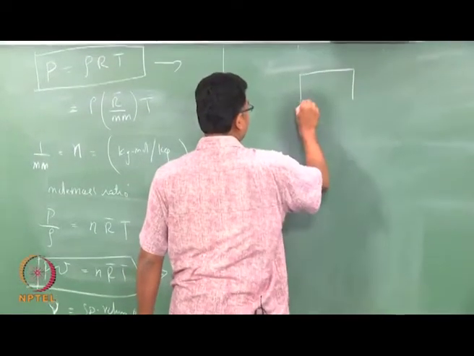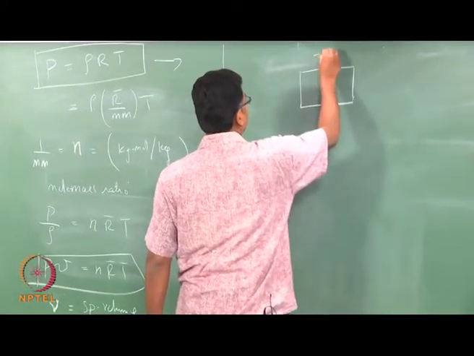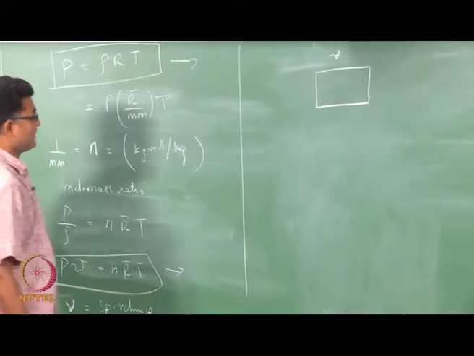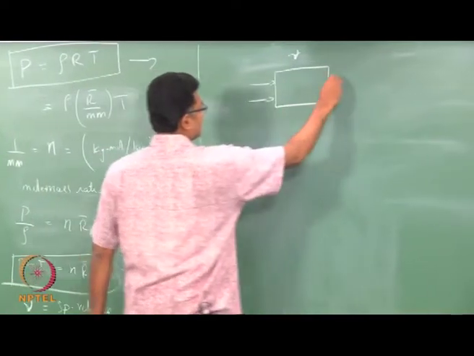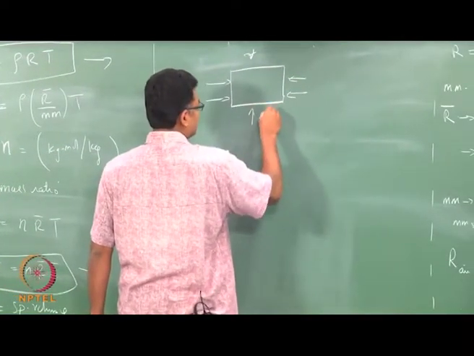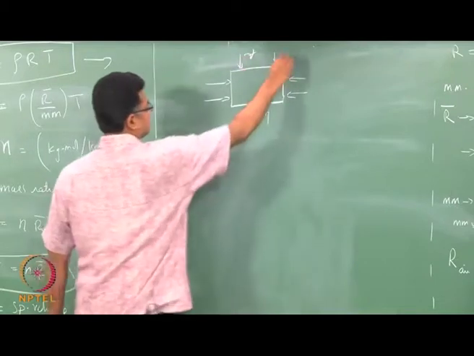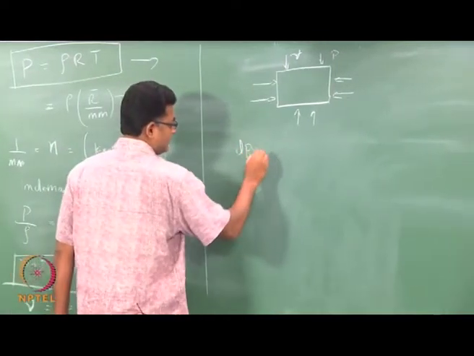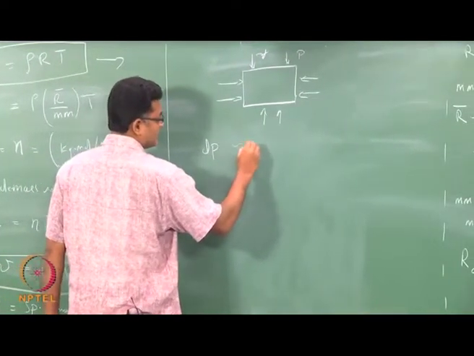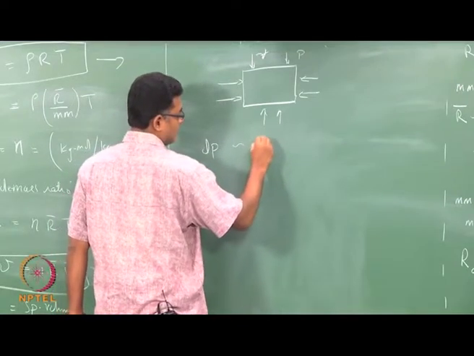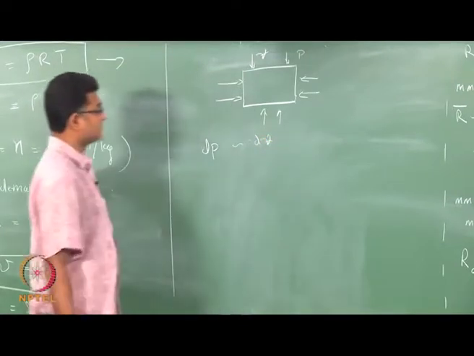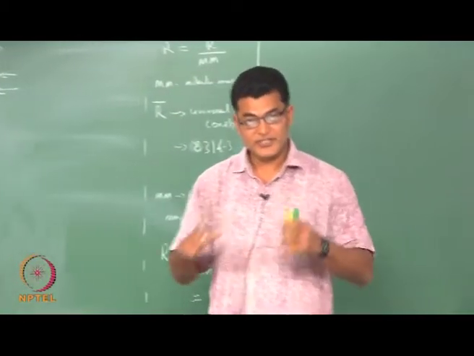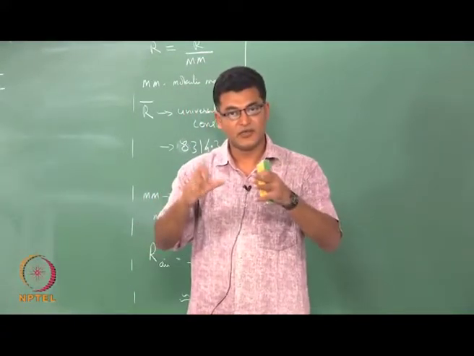So, if I have a fluid element of volume V, it is subjected to some pressure P. So, for every dP there is a change in volume which is dV. Okay. So, there is a pressure that is acting on the fluid element from all sides, and then because of that there will be a change in volume.